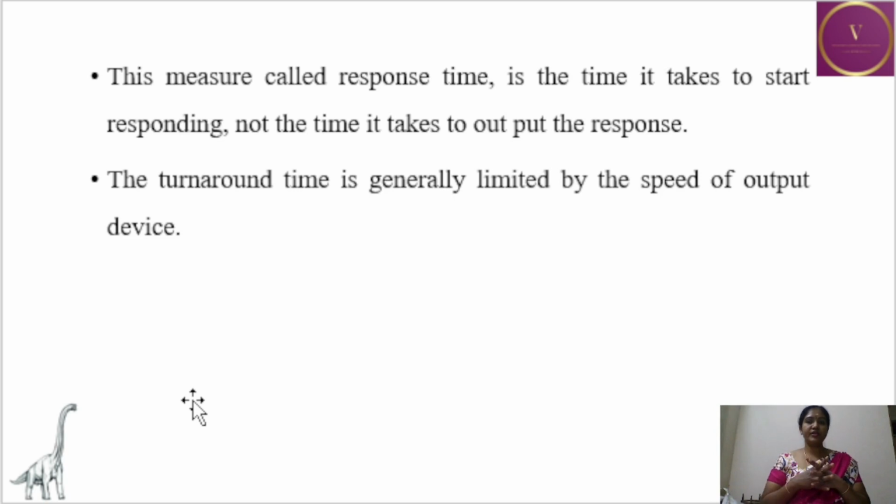Okay, for example, there are video files in our system, right? When we double click the video file, it takes 1 or 2 seconds to open the video file, or it might even take a fraction of a second. So it takes some amount of time in order to start the video file, that is, in order to respond. That is what is called response time.